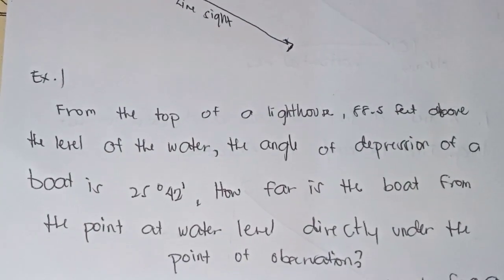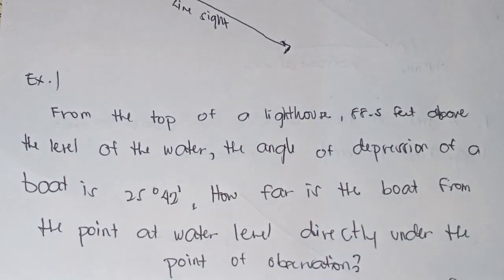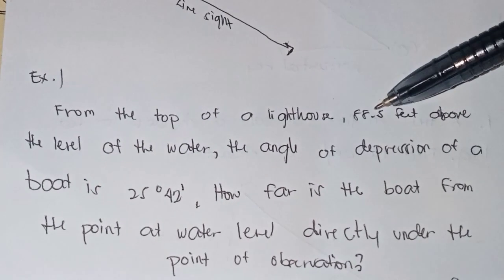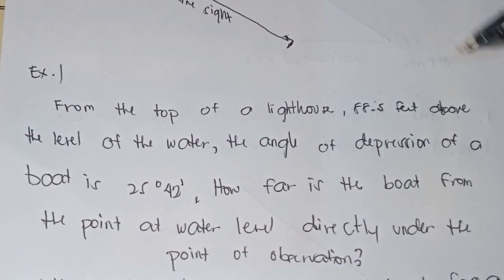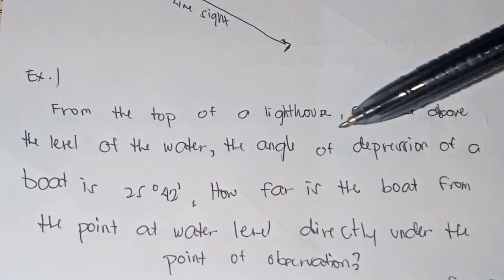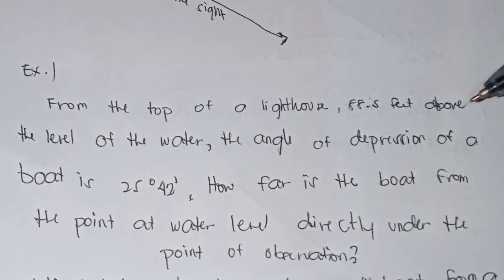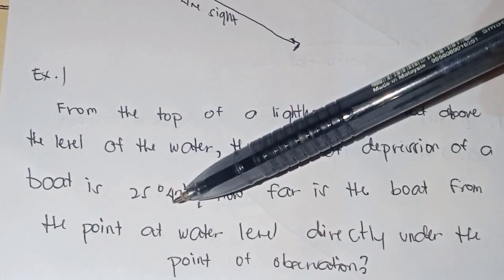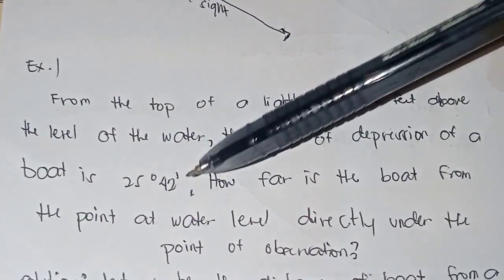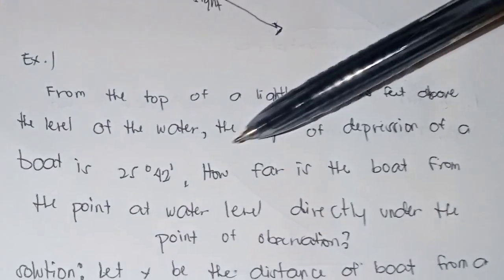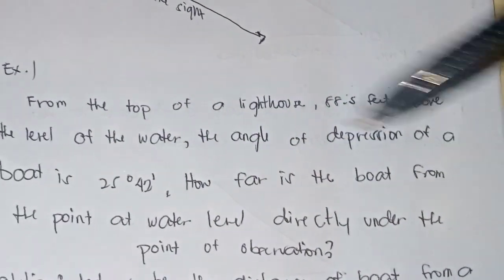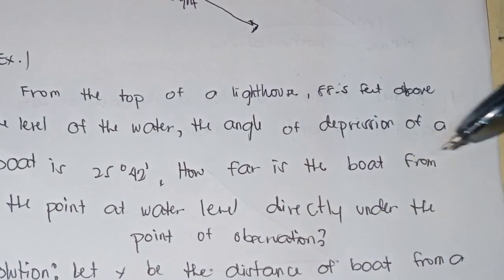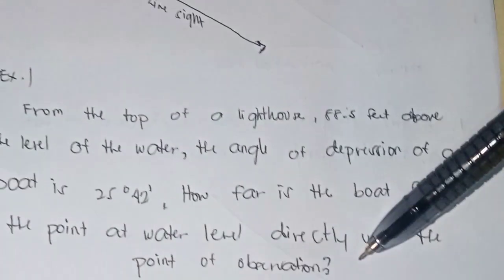So our example is, let's read. From the top of a lighthouse 88.5 feet above the level of the water, the angle of depression of a boat is 25 degrees and 42 minutes. How far is the boat from the point at water level directly under the point of observation?